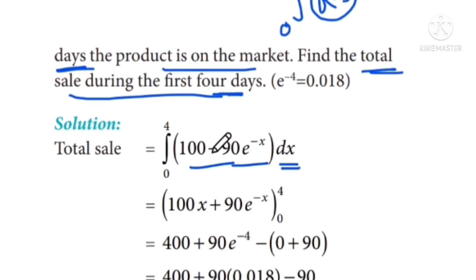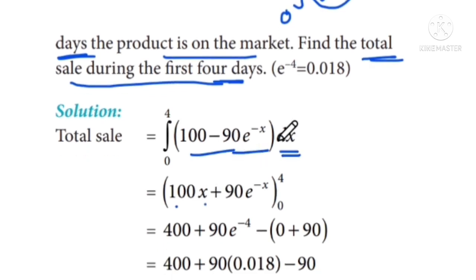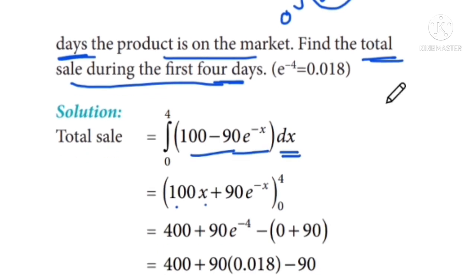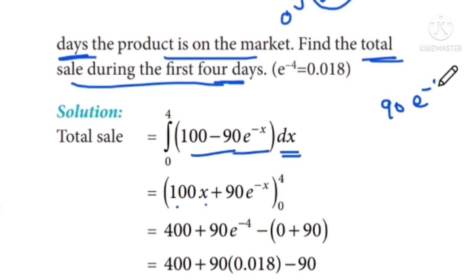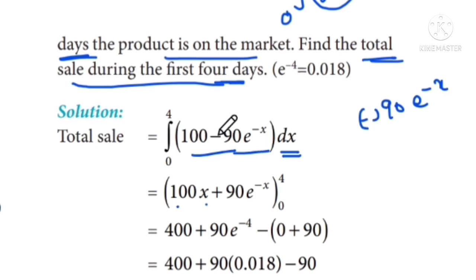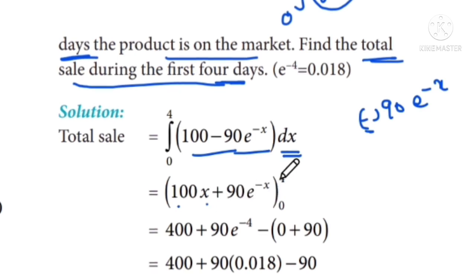So integrate this. Integration of 100 is 100x. Then 90 e power minus x. 90 is a constant. Integral of e power minus x is e power minus x into minus 1. So that will become plus, because already there is a minus sign here. This minus will give you plus 90 e power minus x.